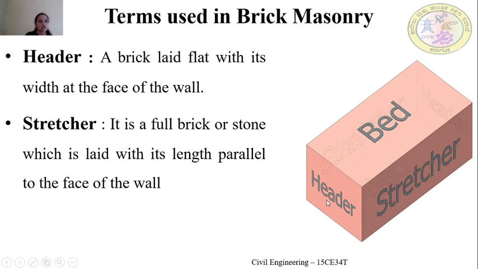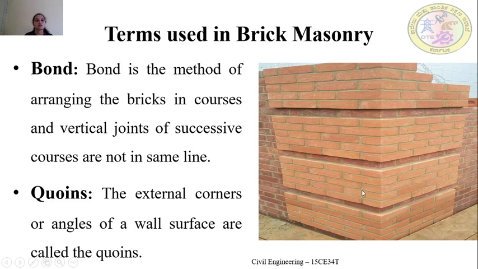A header is a brick laid flat with its width at the face of the wall. A stretcher is a full brick or stone laid with its length parallel to the face of the wall.